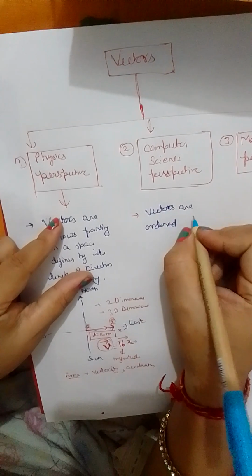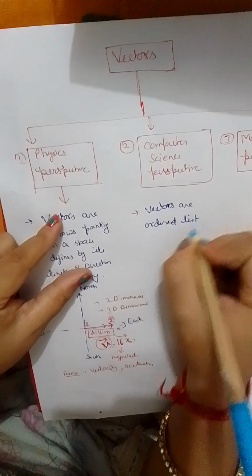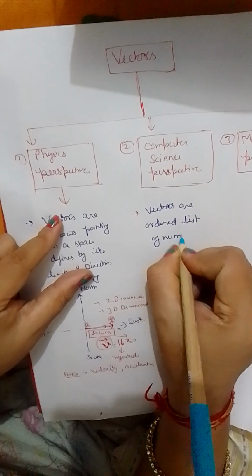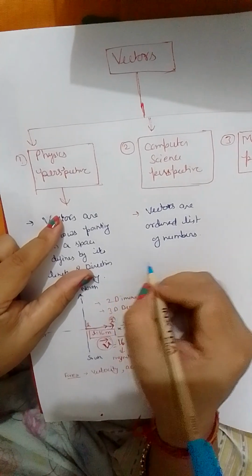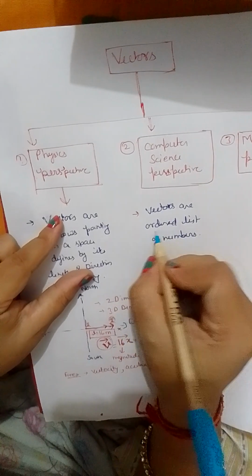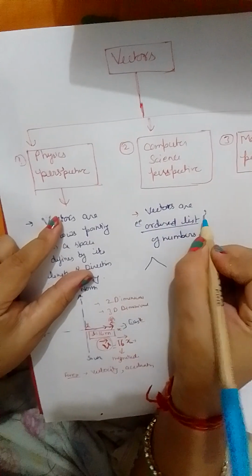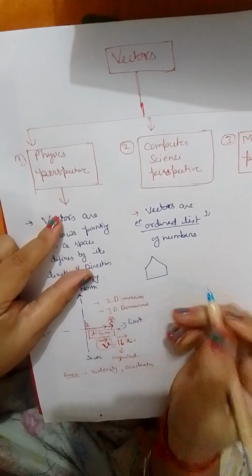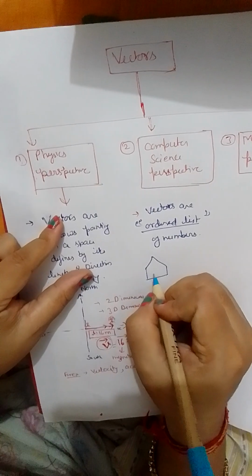an ordered list of numbers. What does an ordered list of numbers mean? For example, I have a home, like Pamita has a home.